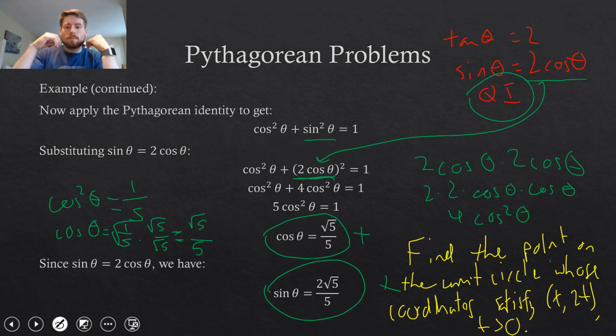Remember, tangent is slope, so if we were to find this point, we'd be finding the exact same values, square root 5 over 5 and 2 square root 5 over 5 for t and 2t. I'll let you go through solving this. If you want to test that it is in fact equal, you use the unit circle equation with t and 2t as your x and y, and it should fall out exactly the same.